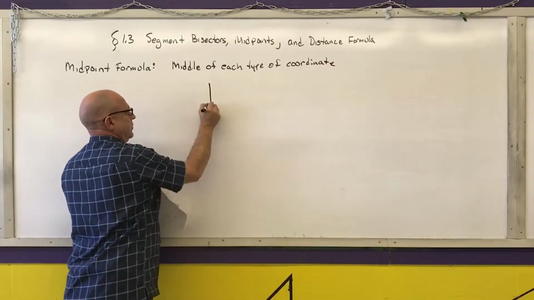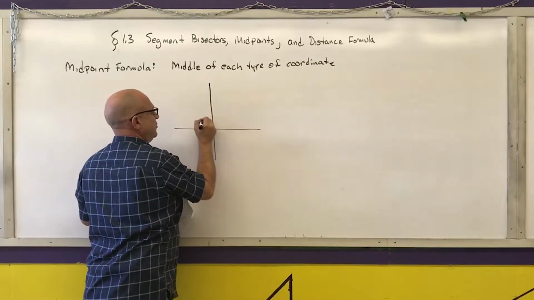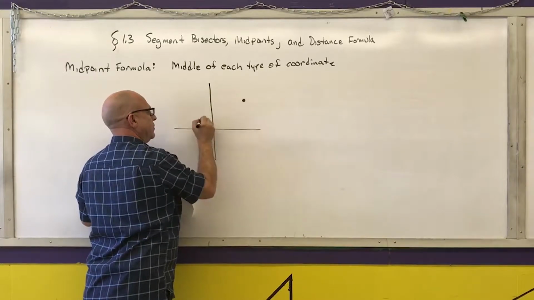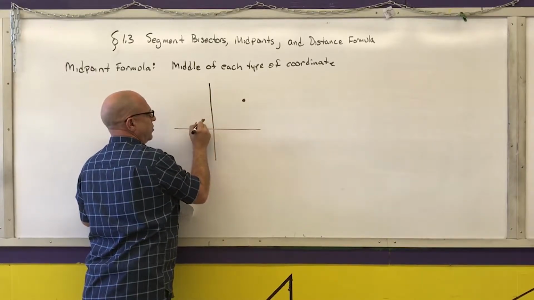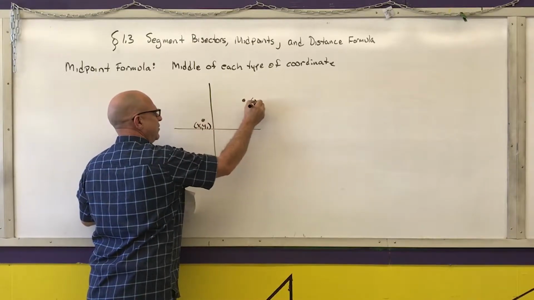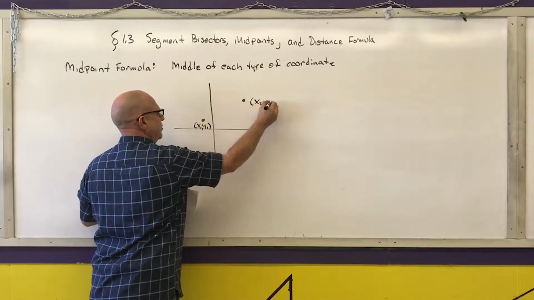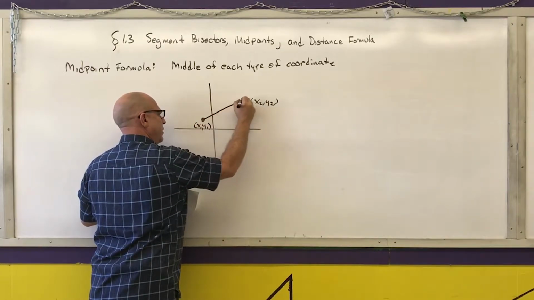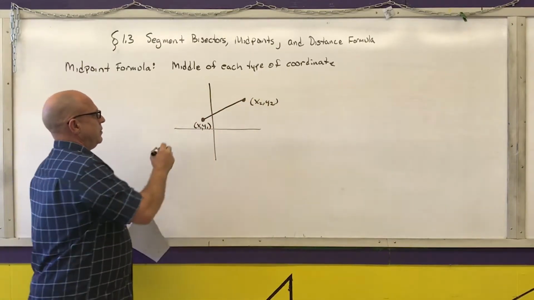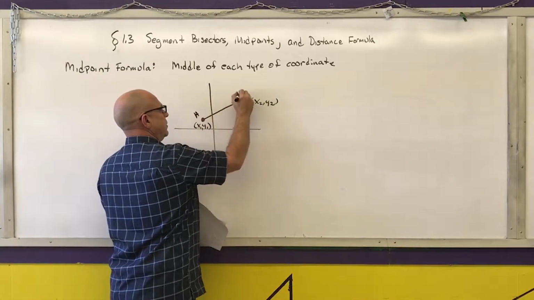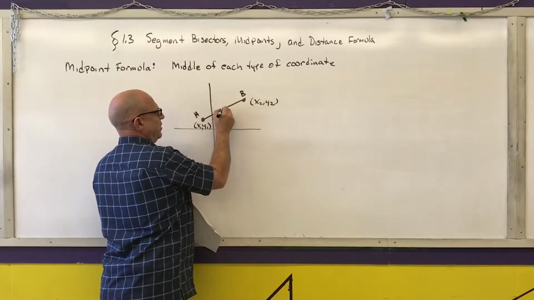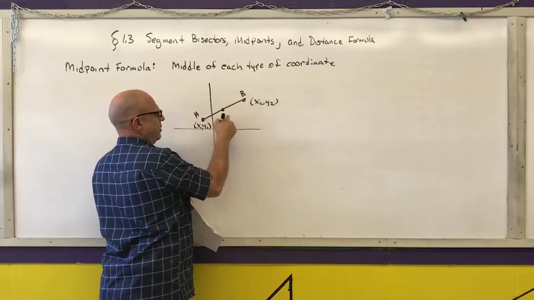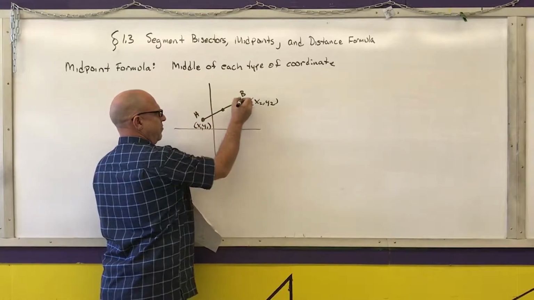For example, if I have two random points, first point has the coordinate x1, y1, and the second point has the coordinates x2, y2. If I want to find the middle of that, the middle point is going to be halfway over and halfway up.